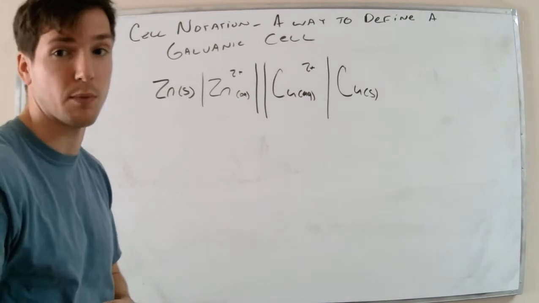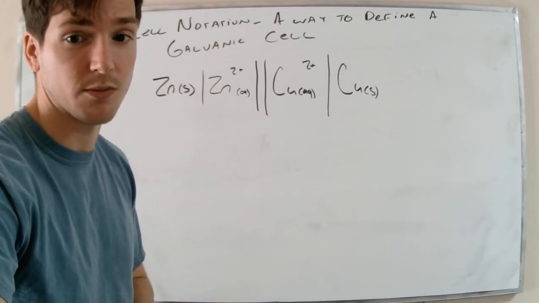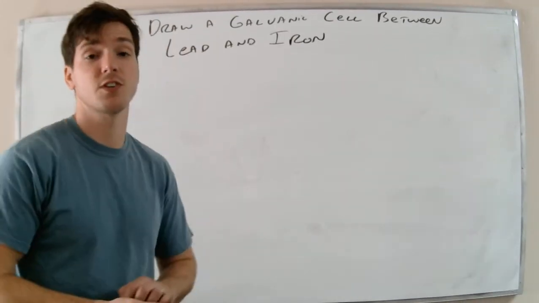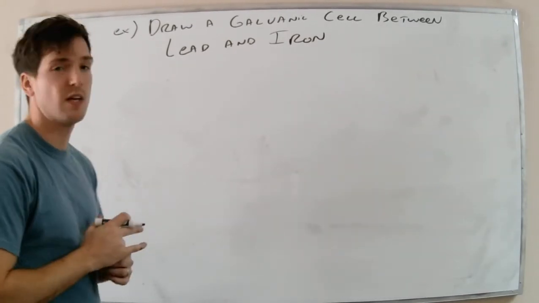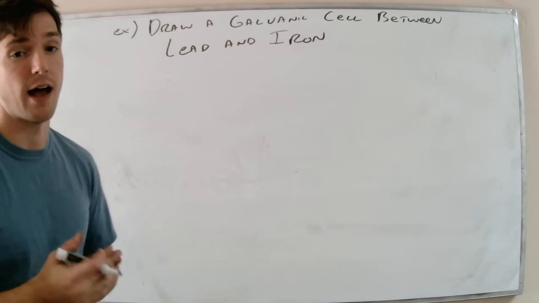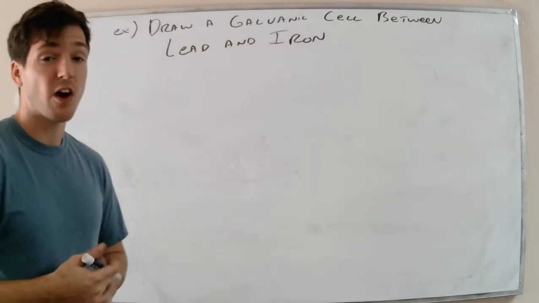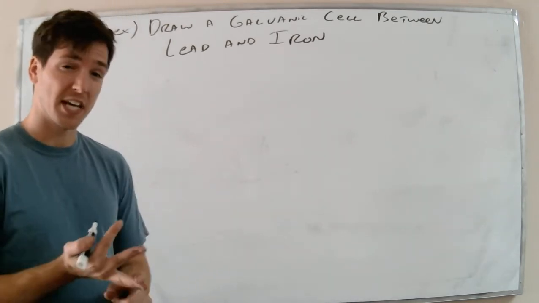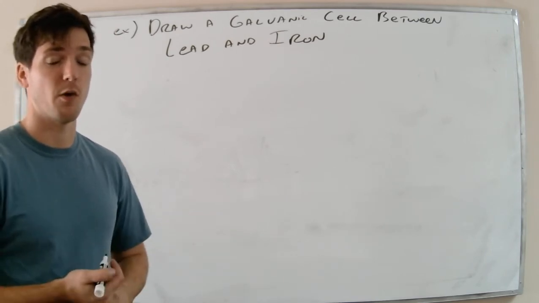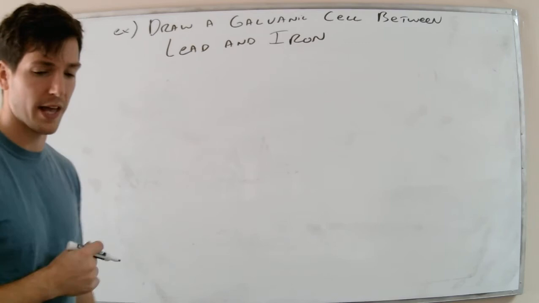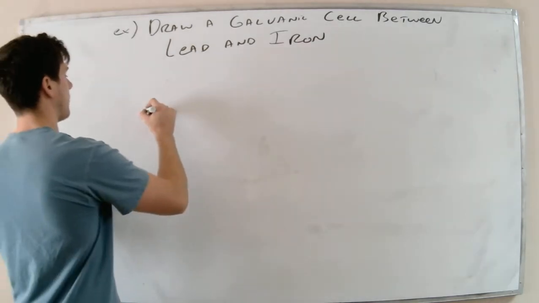Now let's do an example involving these galvanic cells. So the first question or example I'm giving you is I want you to draw a galvanic cell between lead and iron. So you'll have a galvanic cell, you'll have a salt bridge, you'll have an anode and a cathode, and you'll have the electrons flowing from one to the other. So let's go ahead and show a galvanic cell.